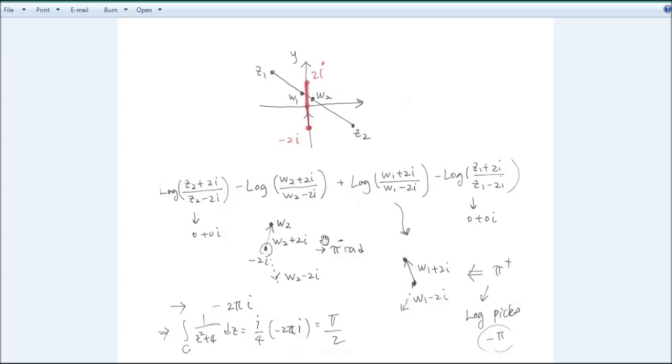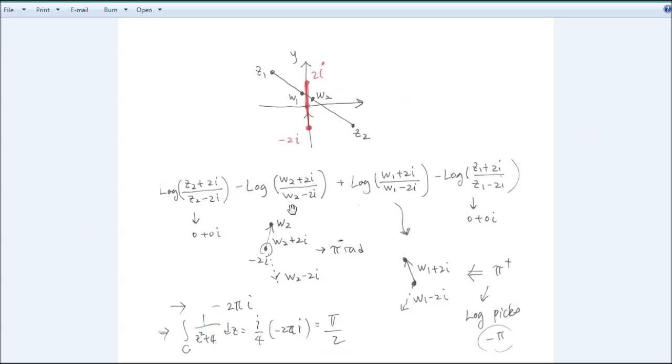So the vector W plus 2i is this vector starting from negative 2i to the W2. And the other one in the denominator, W2 minus 2i, W2 is here, 2i is there, right? So it's kind of in this direction. W2 minus 2i down there. Okay, so yeah, let's keep it that way.